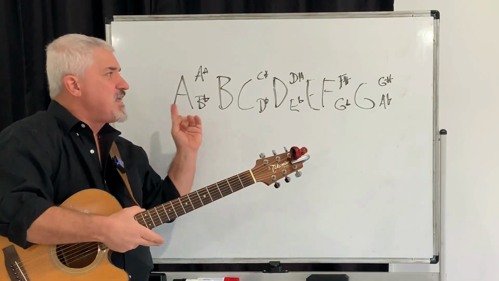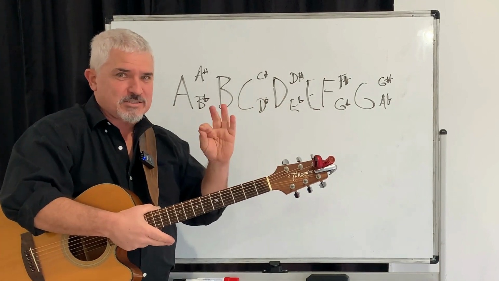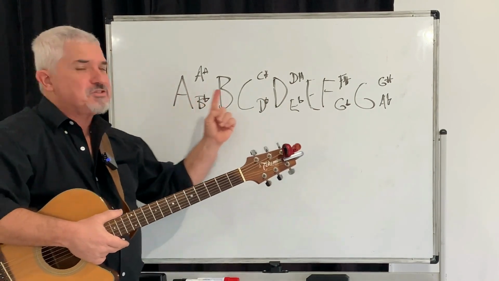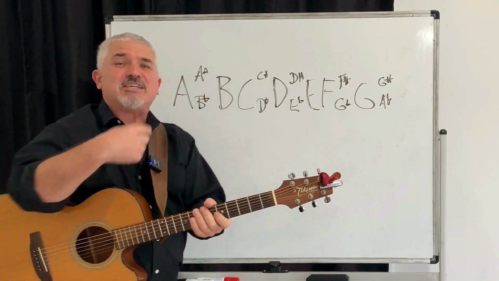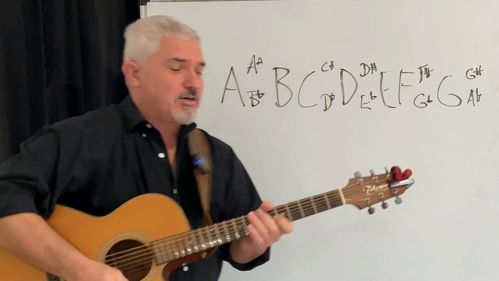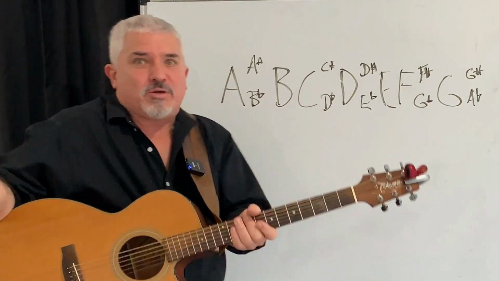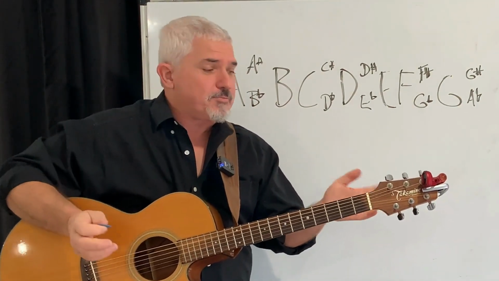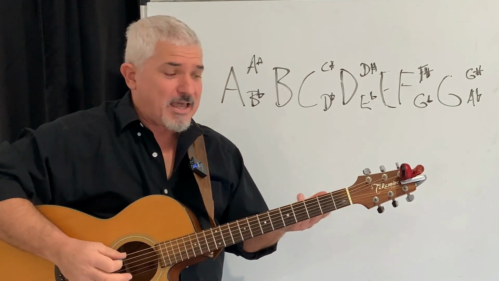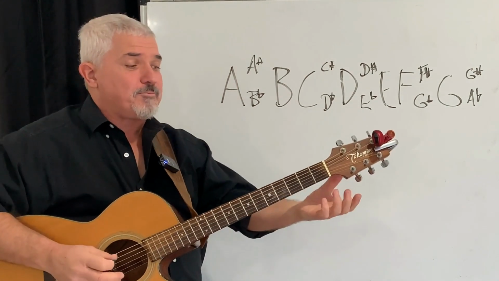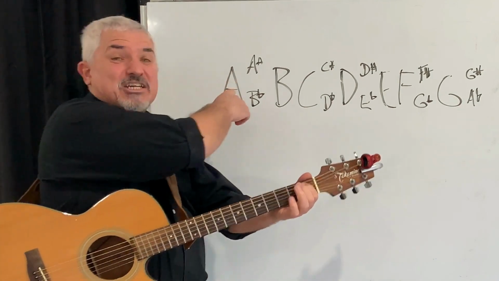Now, we can lay this out on one string, and this is the real key to understand. All these notes can lay out on one string and just keep repeating. So let's look at A. We start on our open A string, the fifth string. If we go one fret up, we get an A sharp.